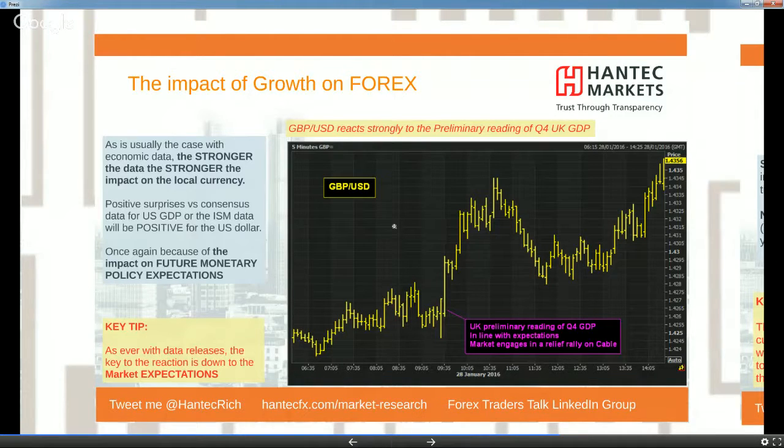That would suggest that it's potentially going to be inflationary moving forward, and has an impact on monetary policy expectations in terms of the potential need to hike interest rates. So, as I said, when you get stronger data, that has a strong impact on the currency, and that was certainly the case here with sterling.